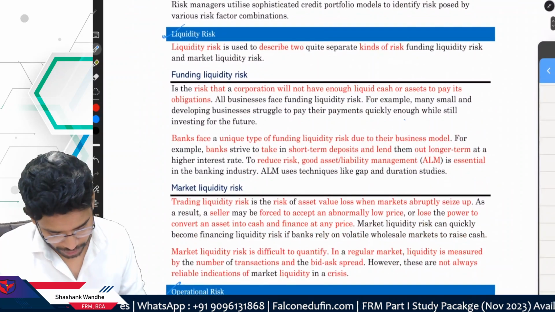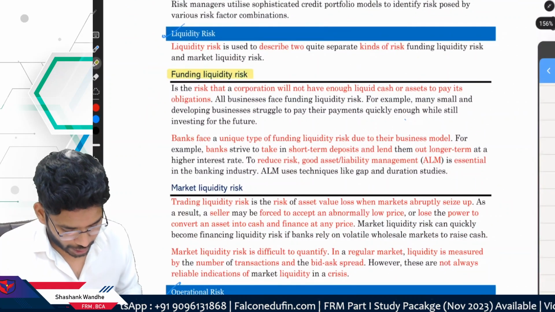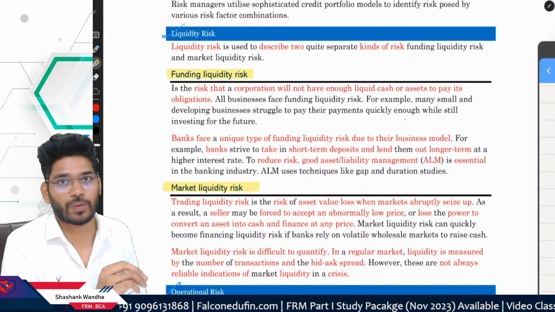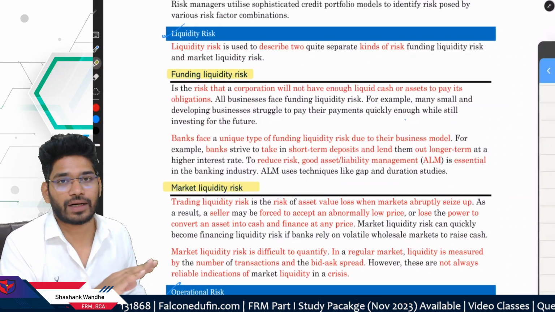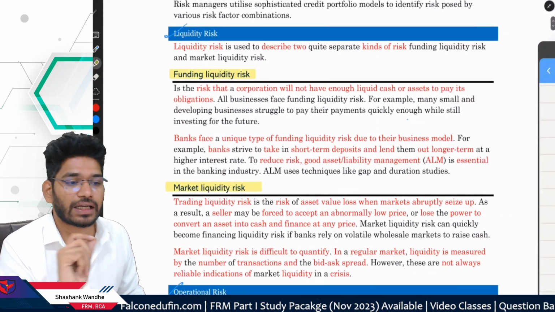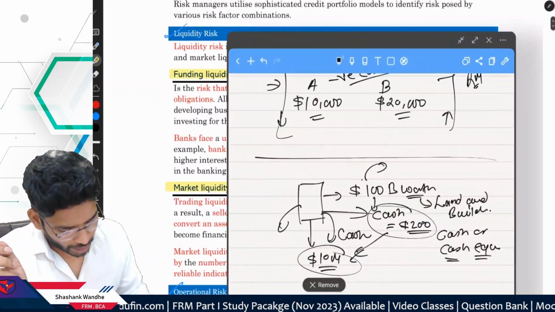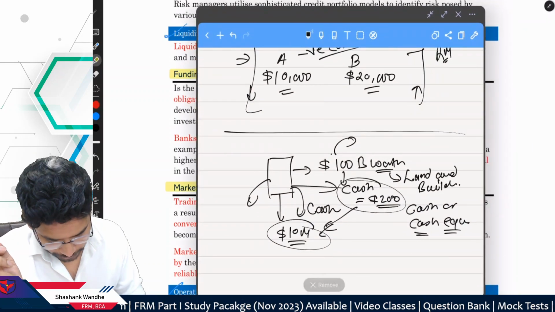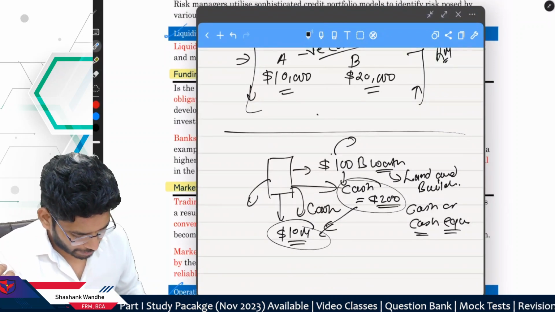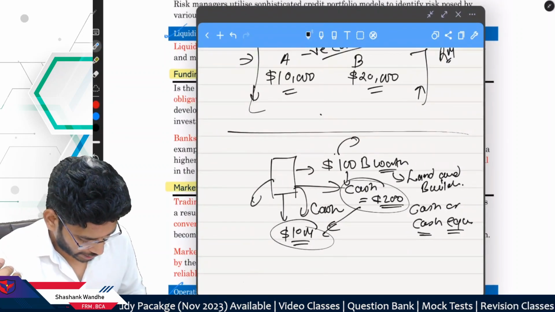So liquidity risk can be divided into two parts. First is the funding liquidity risk. Second is the market liquidity risk. These two risks are very different. Funding liquidity risk means, in this particular case, what is possible for this particular bank, say U bank?